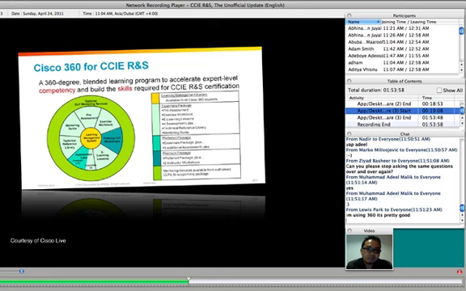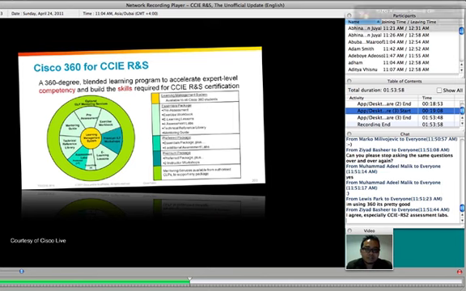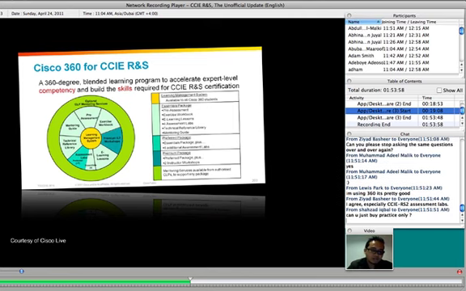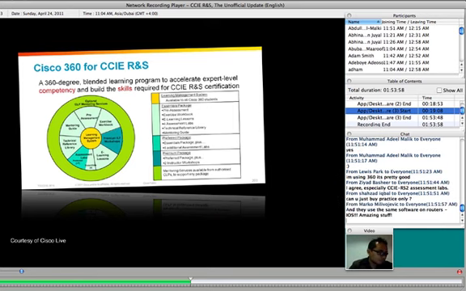So if you join the program and practice scenarios from it, they will grade your work using the same engine they use for the actual lab. After the grading, the instructor or your mentor will explain your weaknesses and how to answer the questions properly. I think that's the key component of this program. If you are interested, please go to the Cisco website to find more information.